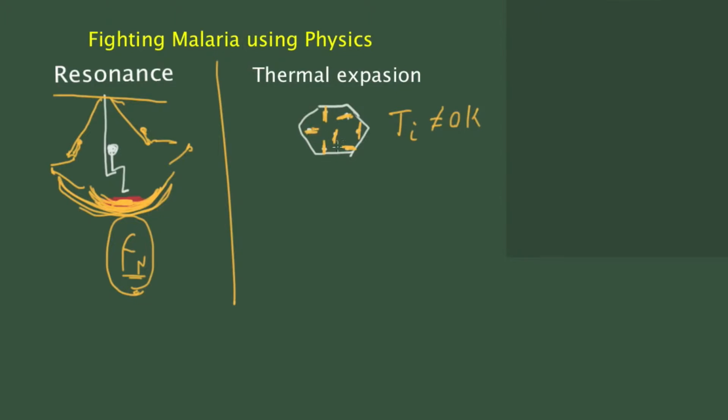They are actually moving. They are not completely at rest. If you increase the temperature of your system, so TF is greater than TI, those molecules will continue moving, but at a larger amplitude. They have more energy, so they have a higher kinetic energy.